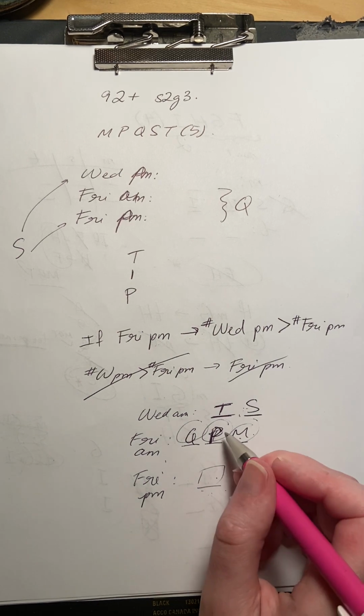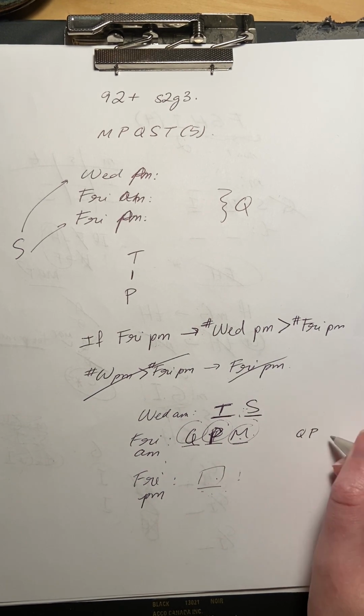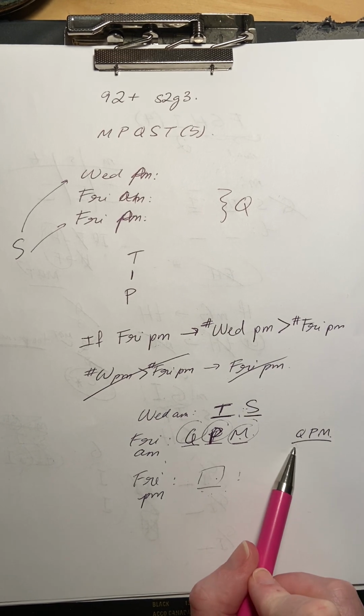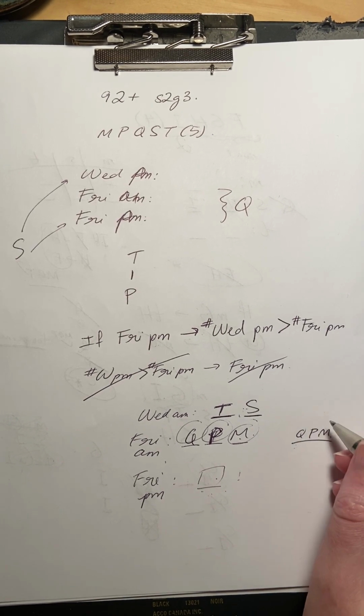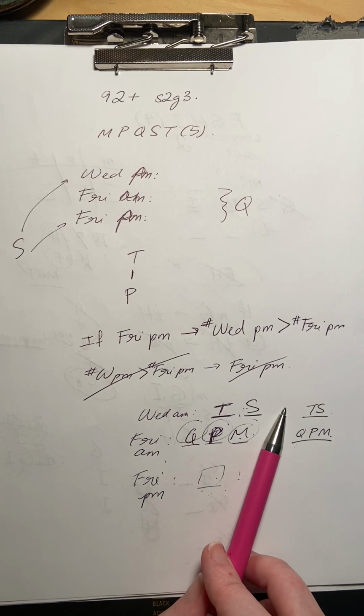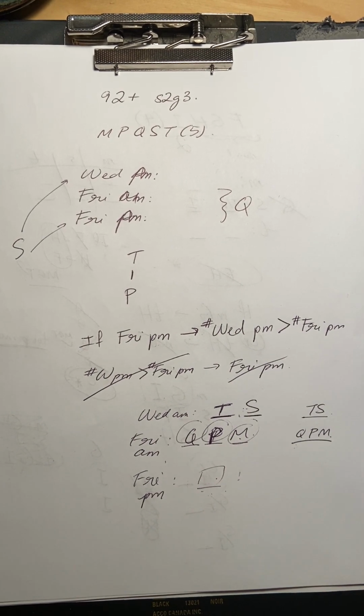So even just knowing that Q, P, and M are on Friday morning would be enough for me to know that T and S are both Wednesday afternoon, because T has to be earlier than P, so T would automatically be there, and then S would have to be there as well because of Rule 4.